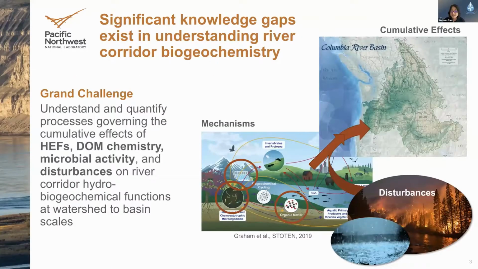There are significant knowledge gaps in understanding this complex system. You can see on the upper right a real system at the Columbia River Basin where we are. And this is how we conceptualize the system based on our understanding: who is in the system, what they do, how they interact with each other, and how external drivers like extreme precipitation or fire impact how everyone in the system is functioning.